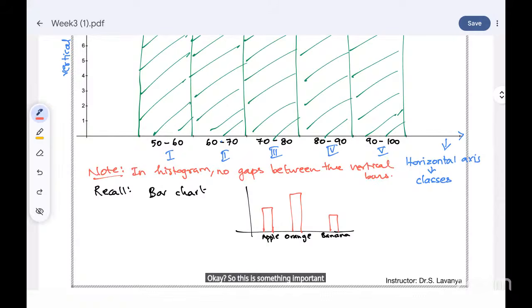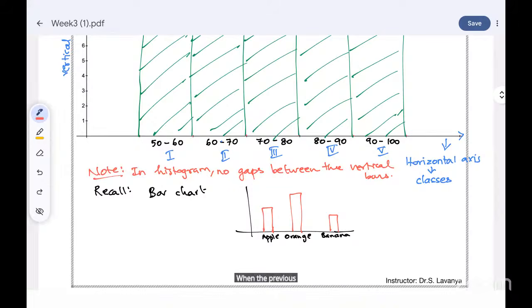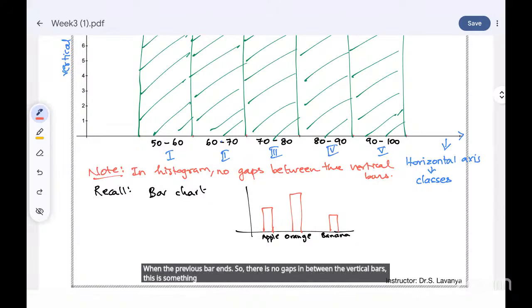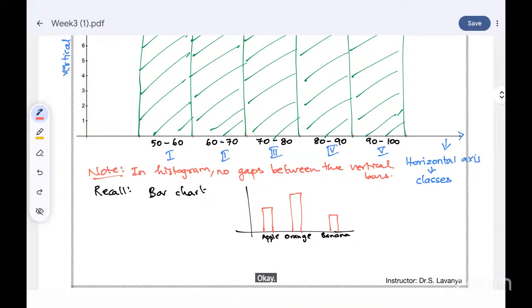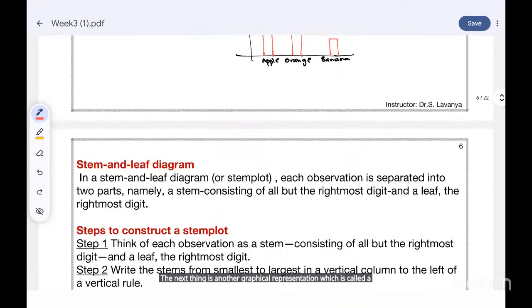You see the next bar is just starting where the previous bar ends. So there are no gaps in between the vertical bars. This is something very important. Okay, clear?